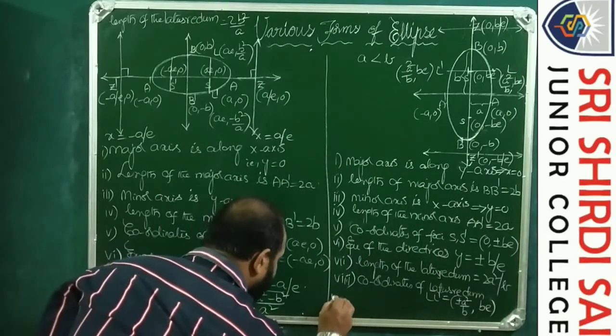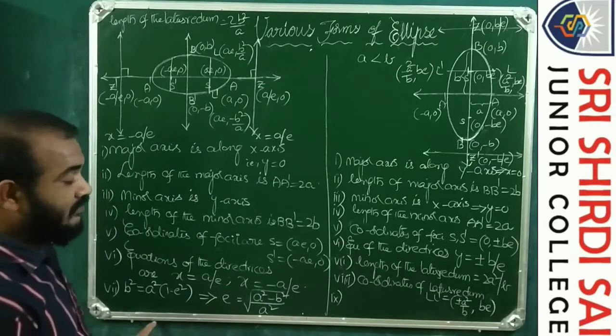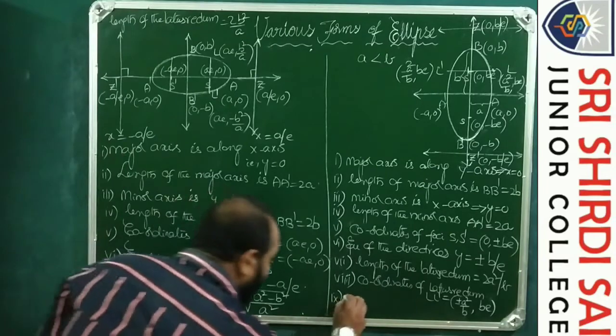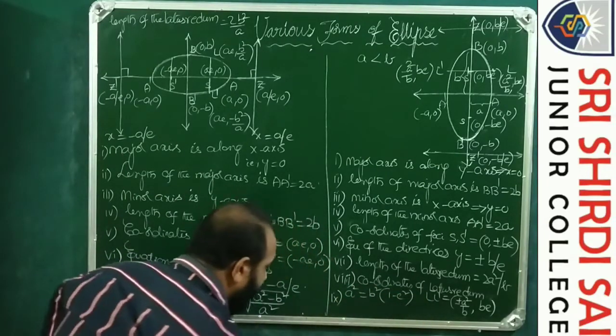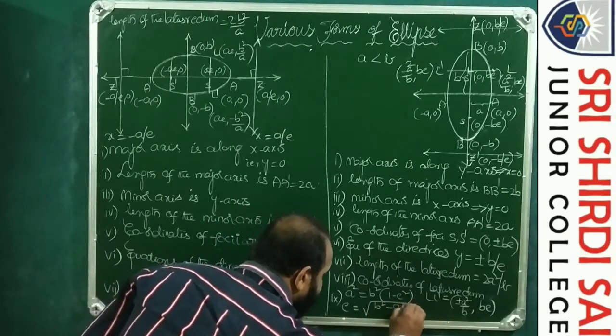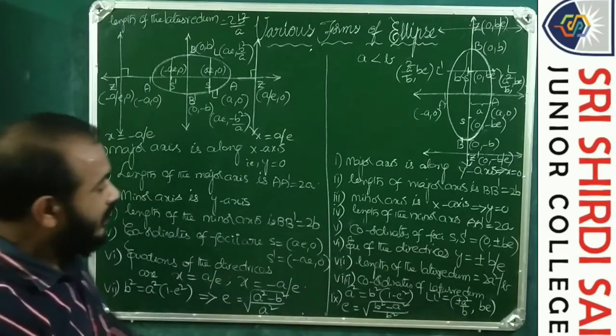And what is the condition here? What is the condition among a, b and e? A square is equal to b square into 1 minus e square. Further, e is equal to square root of b square minus a square by b square is the condition for this.